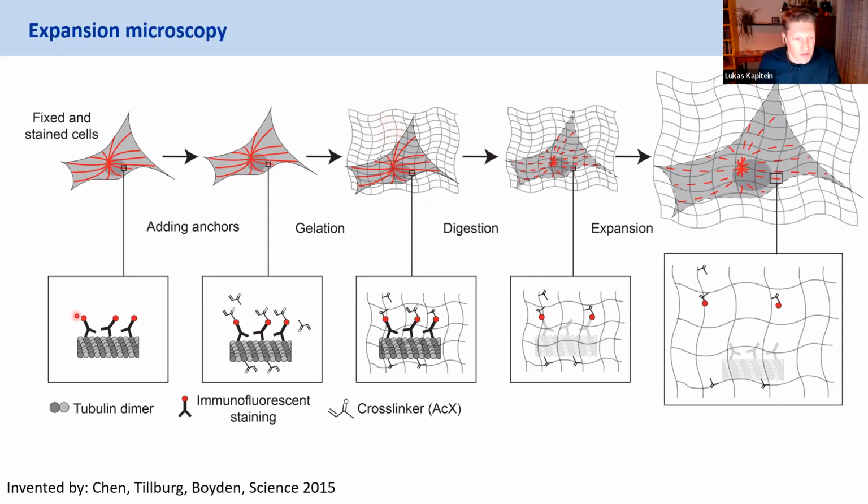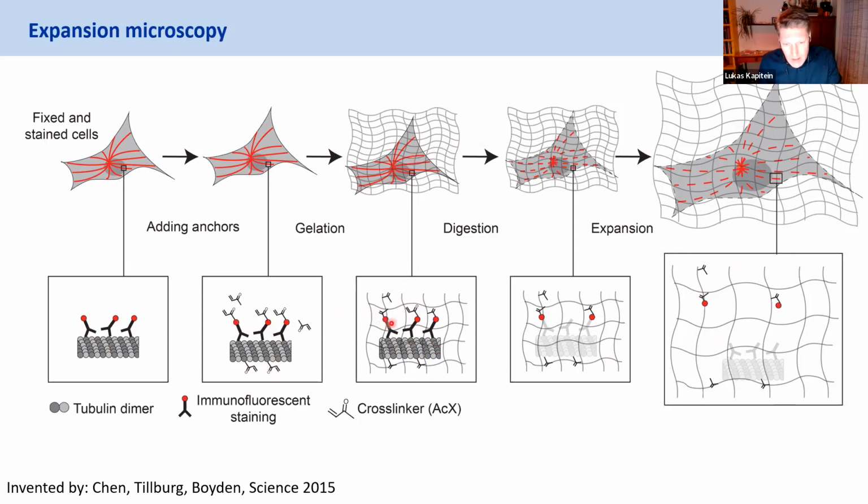So the trick is to make sure that your proteins, or especially your antibodies and fluorophores of interest, are covalently linked to the gel. And then you add water to swell the gel. But before you do that, you first denature all the proteins of interest. So you fix the cells, you stain them, and all the antibodies and proteins you cross-link to the gel.